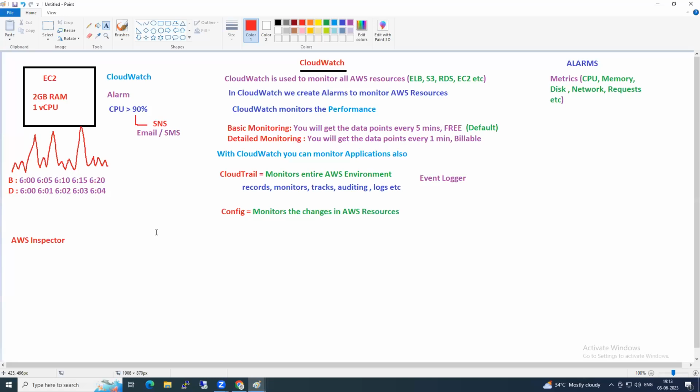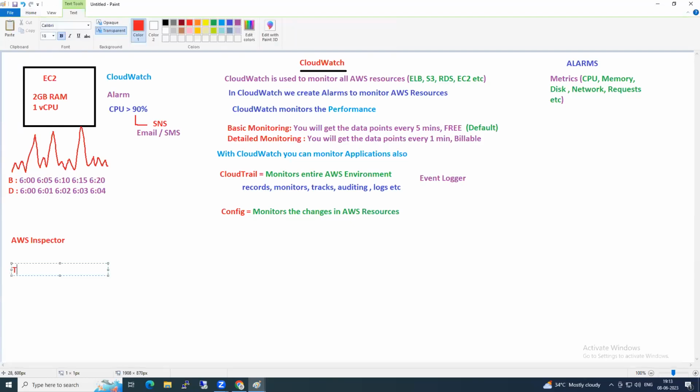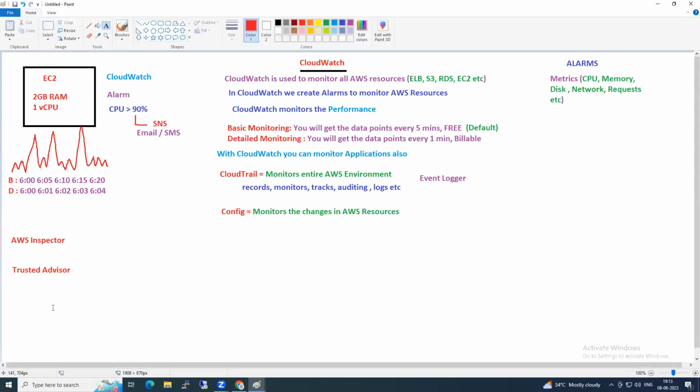In this case, you should do that. In AWS also, there is something called Trusted Advisor. This is also a service which gives you advice. Macha, why are you launching an 8 GB machine? Go with 4 GB, no? A lot of money is getting wasted.